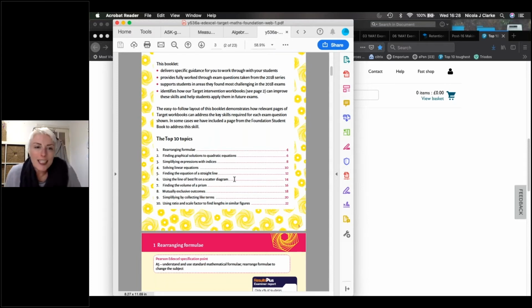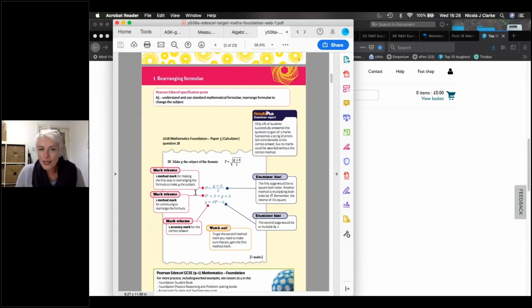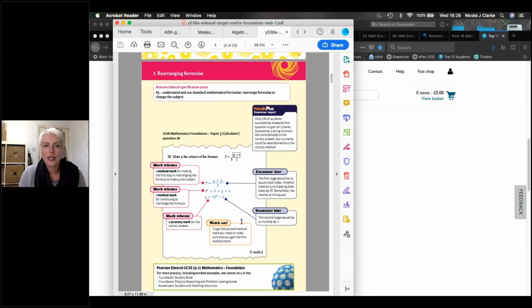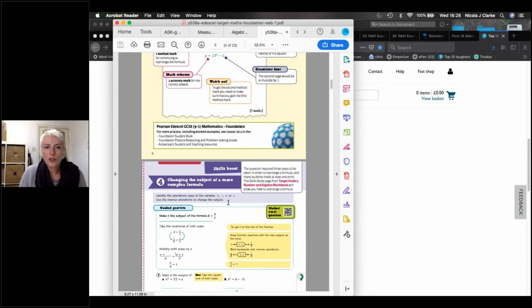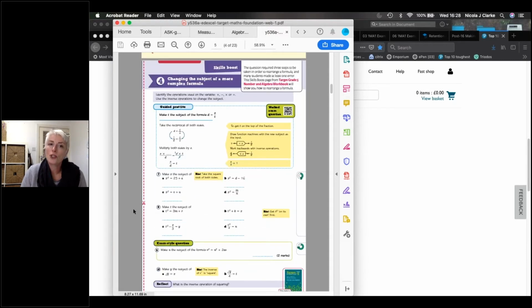So it gives common errors. It breaks down exactly where the mark scheme is applied. There's some examiner feedback. There's how to get the second mark. There's some examples of how to do it, possibly better, different ways of coming up with a solution. And there's some practice on those specifics.